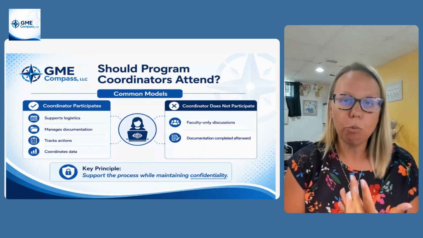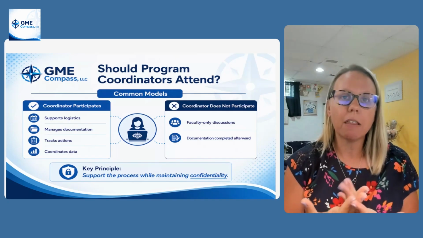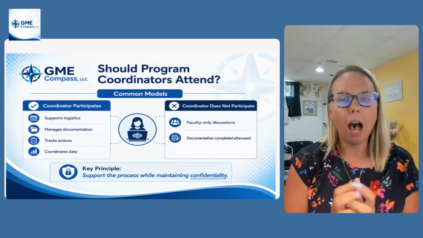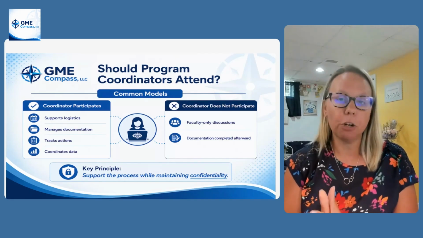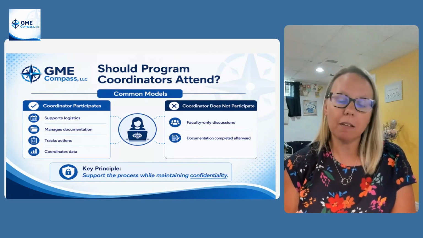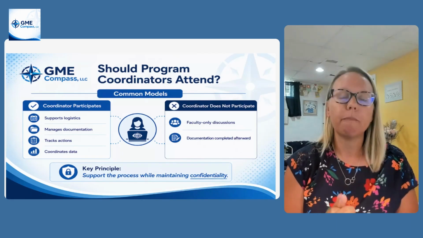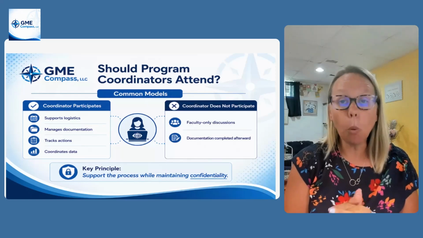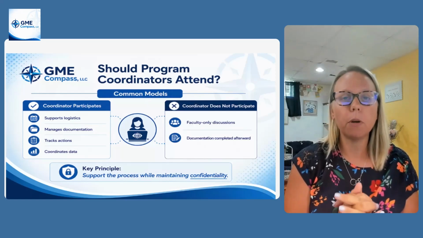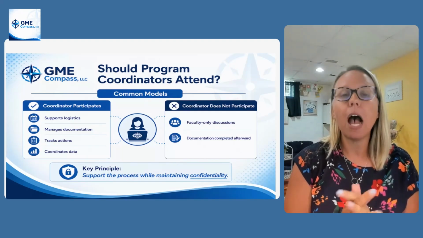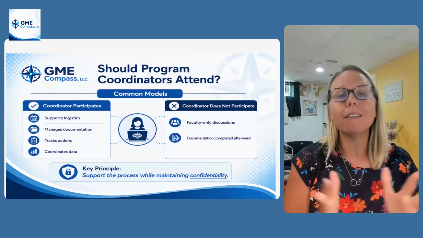Bringing those two worlds together, having that multi-systems expertise and being the operations expert in your program, as well as being the central hub of the wheel, is invaluable. That is my personal opinion. I feel like it is not more important for the program coordinator, manager, GME professional to be there than the program director. I feel like personally, it is equally important.